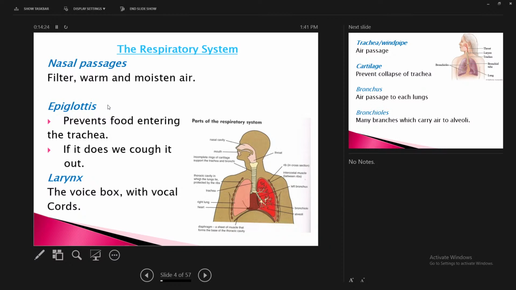Now, I was using an example of a scenario where persons normally ask if we can really breathe through our mouth. I'm saying that yes, that is so. To convince yourself that it is true, the next time you are experiencing a stuffy nose, meaning that you have the flu or a cold, and we all know that whenever you have a stuffy nose it is difficult to breathe, you can try the experiment of opening your mouth.